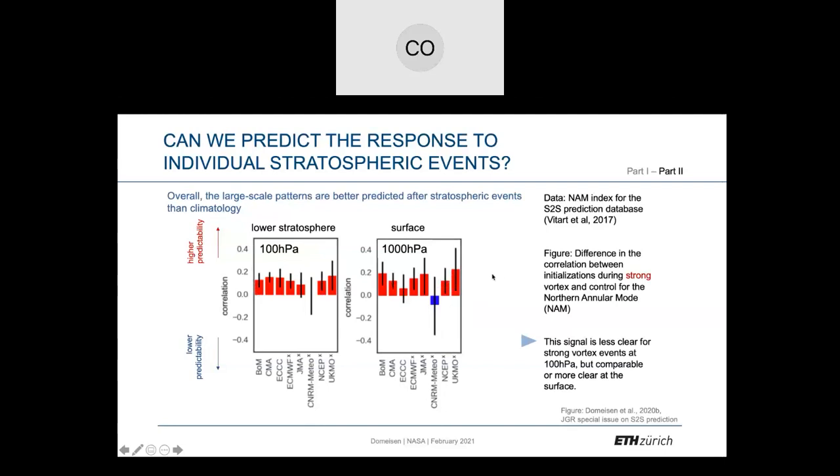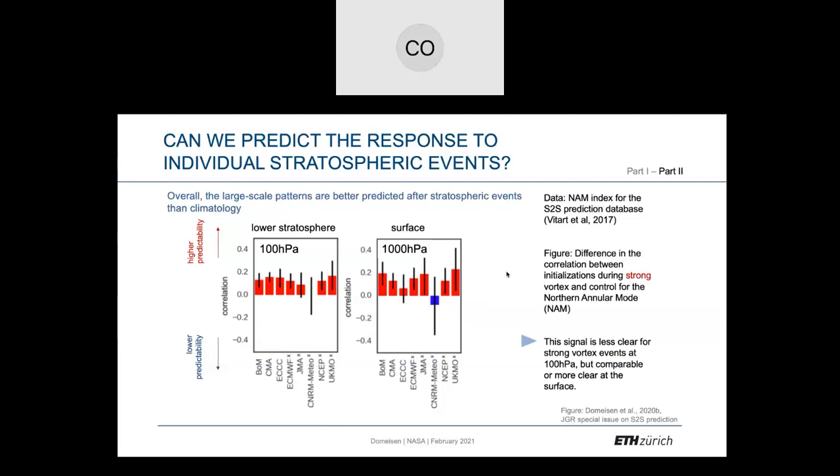So it's a bit less clear for the strong vortex events, but it's almost more clear here at the surface for the strong vortex event. So basically, if we have an event in the stratosphere, in general, if you look at the hemispheric pattern after an individual event, we're reasonably good at predicting the right sign of the response. So that's a good start.